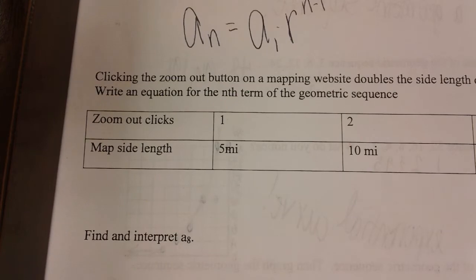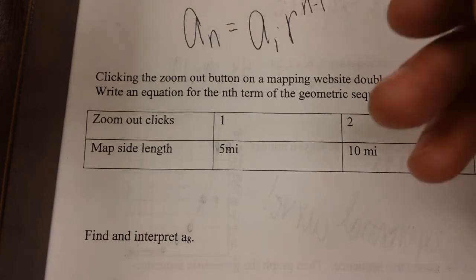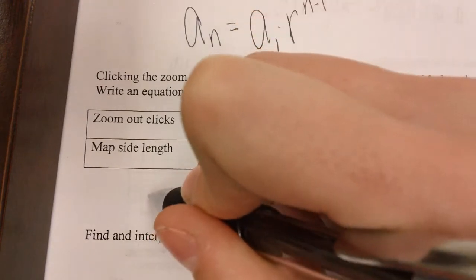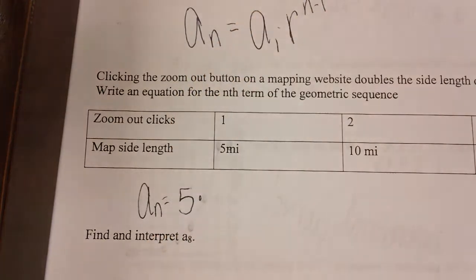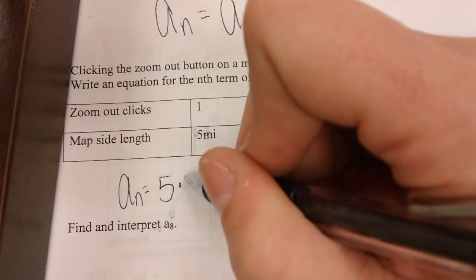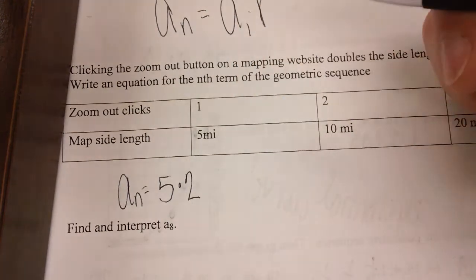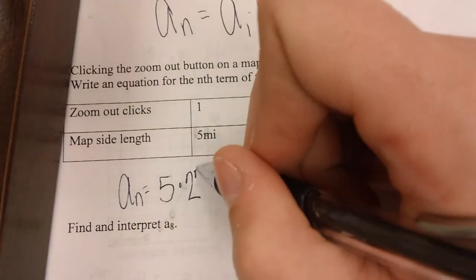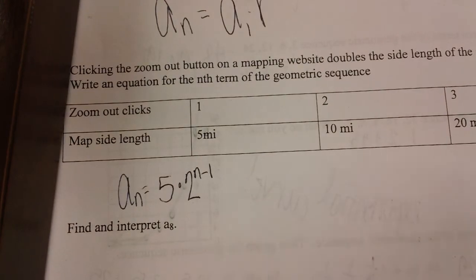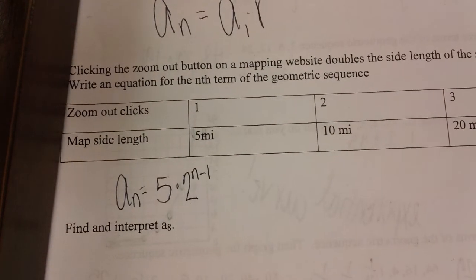So our equation, since our first term is 5 and our common ratio is times 2, is 5 times 2 to the n minus 1 power, because we're not sure how many clicks they want us to take it out.